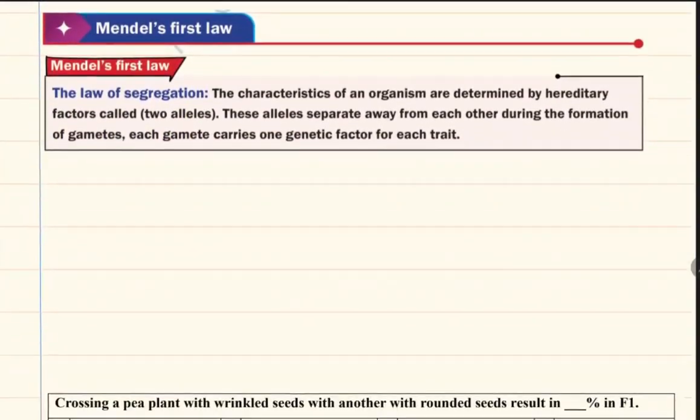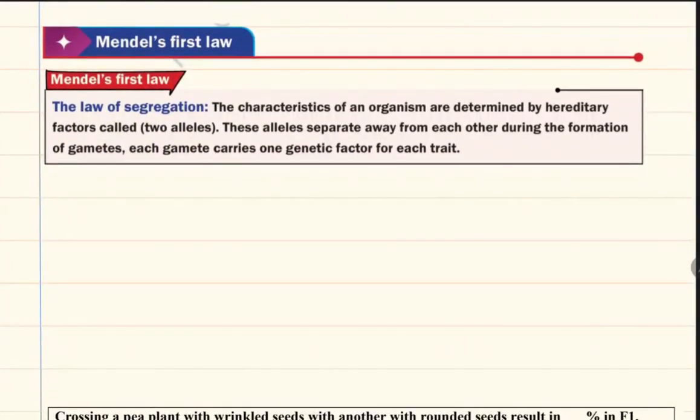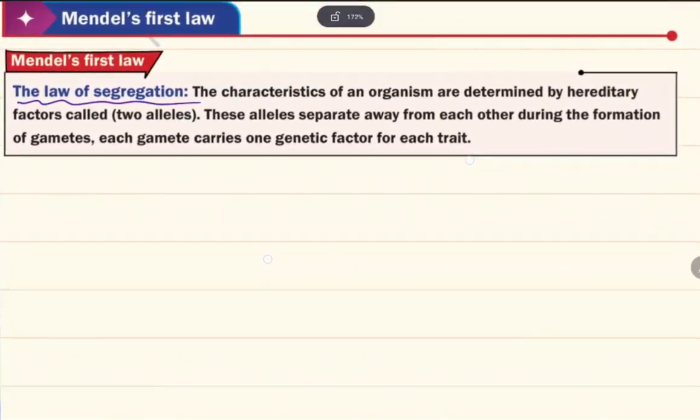Now, let's speak about Mendel's first law. Mendel's first law states that from these experiments, Mendel concluded that we have characteristics in every organism. This law is called the law of segregation. Segregation means separation, to separate. So, Mendel's first law says that the characteristics of an organism are determined by hereditary factors.